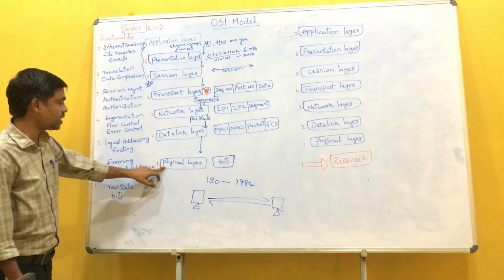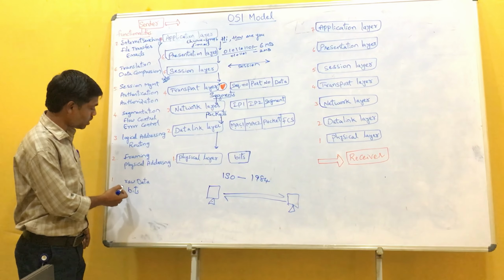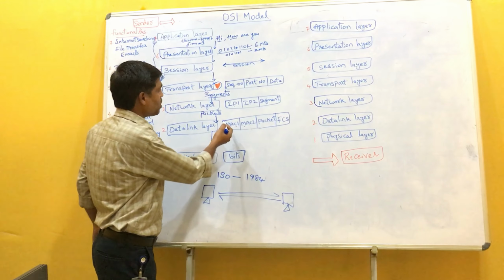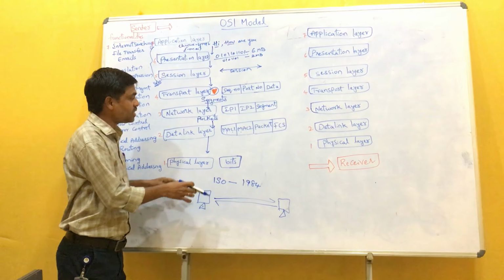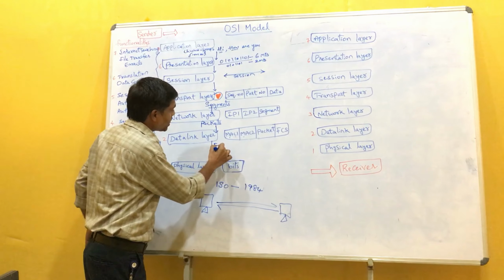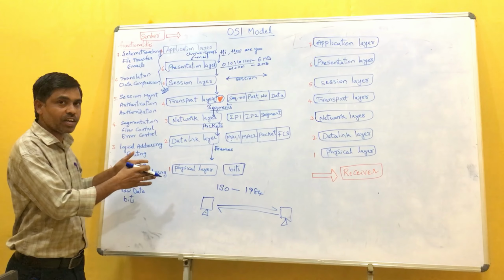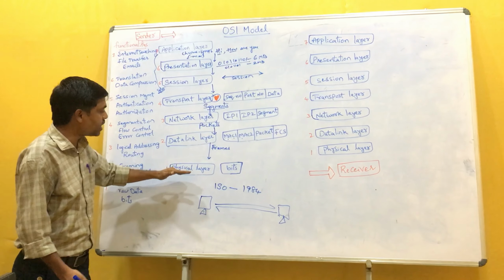Now, once the data link layer has been done, the next and last layer is called the physical layer. In the physical layer, the main functionality is the raw data and the bits. Whatever data we receive from the data link layer is in the form of packets, then it is moved into the form of frames. Once the data is divided into different frames, it is sent to the physical layer.